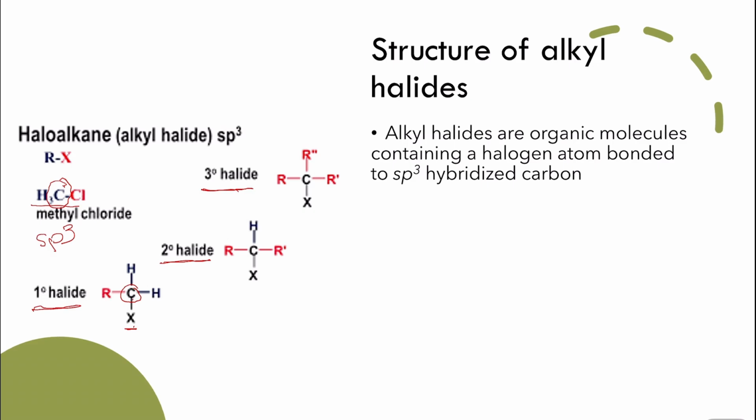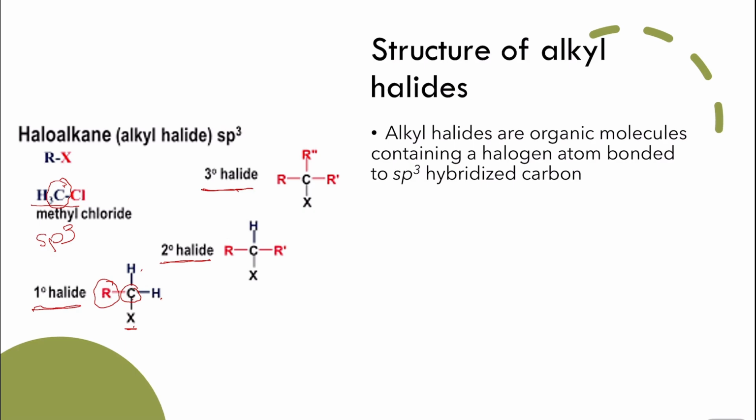If this carbon is attached to two hydrogens and only one carbon or another alkyl group, then it's going to be called primary. So a primary alkyl halide is simply when the carbon attached to the halide has a minimum of two hydrogens.